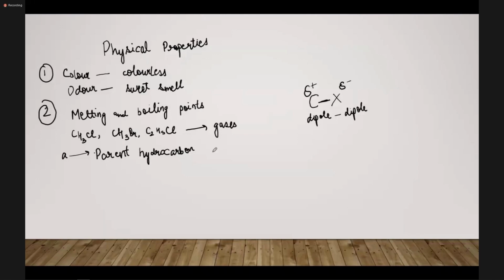So the forces of attraction are more in the case of alkyl halides. This is why the halides have higher boiling points as compared to the parent hydrocarbon. The conclusion is that alkyl halides have more boiling point (BP is for boiling point) than their parent hydrocarbon. And why is this so?